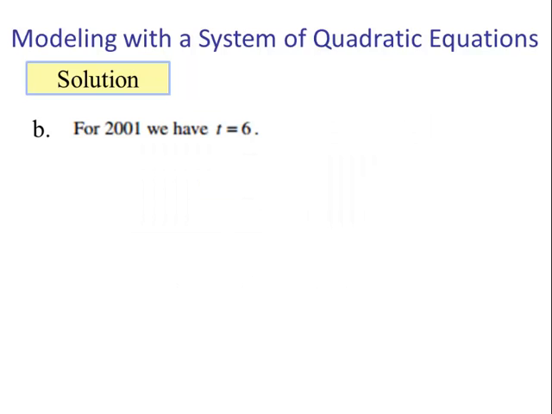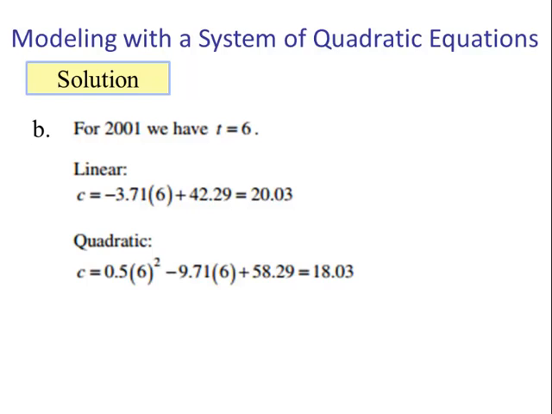B, for the year 2001, that means t is equal to 6. Plugging 6 into our linear model, we have an output of 20.03, and for the quadratic, we have an output of 18.03.